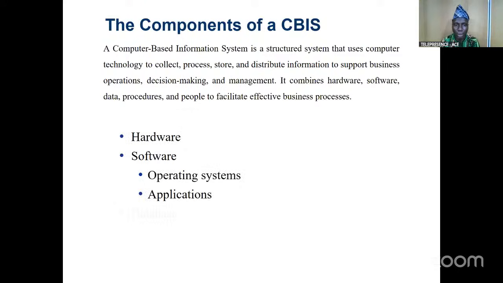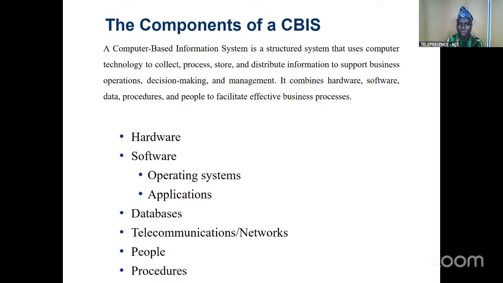The components of a computer-based information system. The question we can ask is, what are the components of a computer-based information system? The computer-based information system is a structured system that uses computer technology to collect, to process, to store, and distribute information to support business operation, for decision-making, and for management.